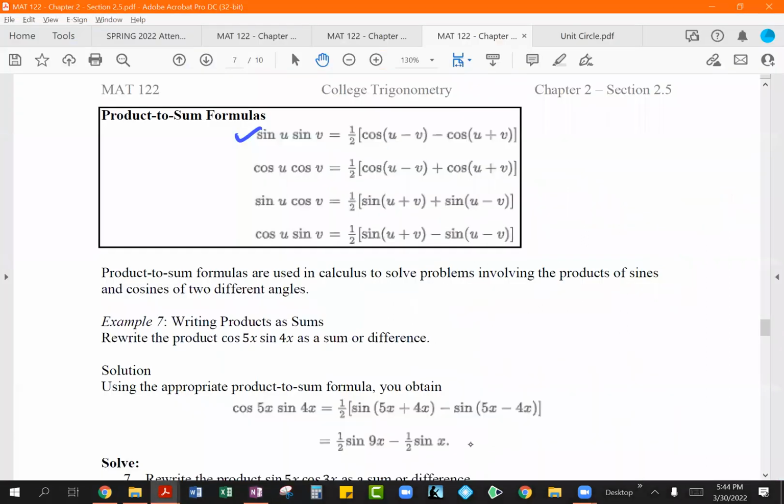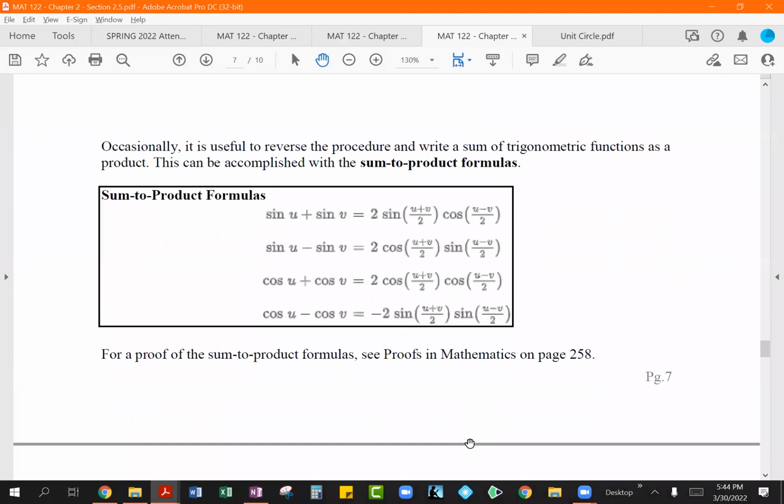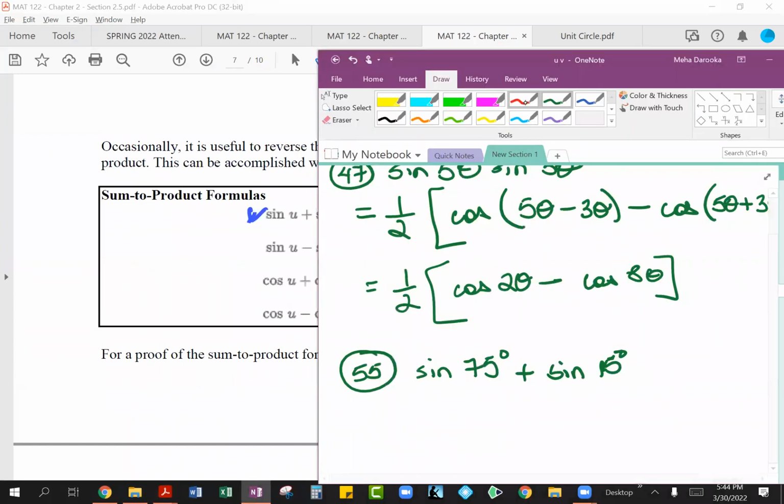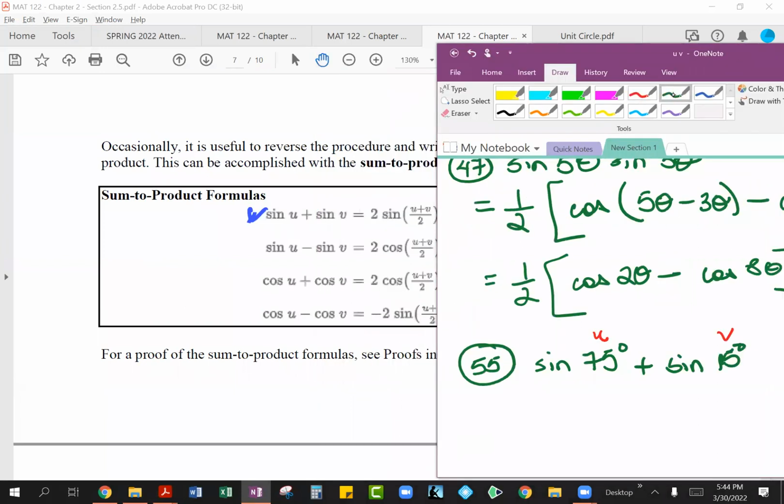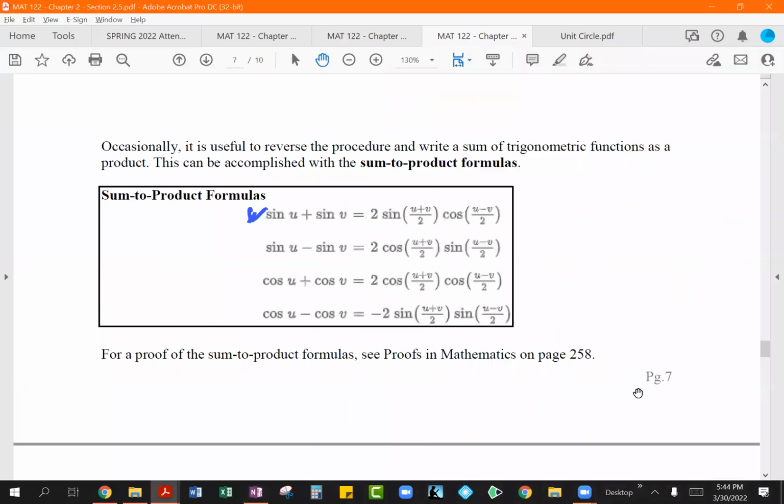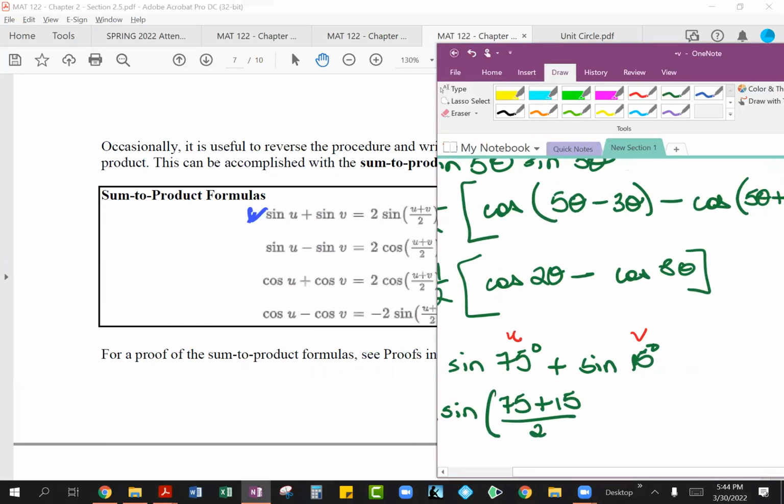Looking at the formula here, this is what you have, sine of u plus sine of v. So think of this guy as your u, as your v. And using the formula, we have 2 times sine of 75 plus 15 over 2, and then that's the cosine of u minus v over 2.